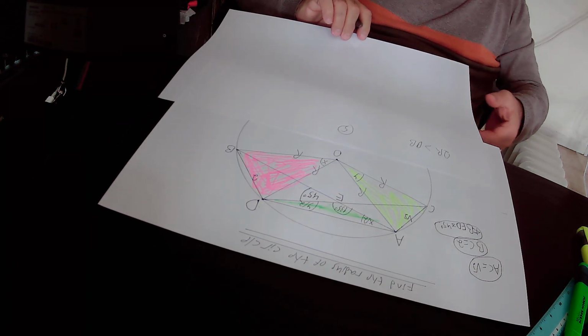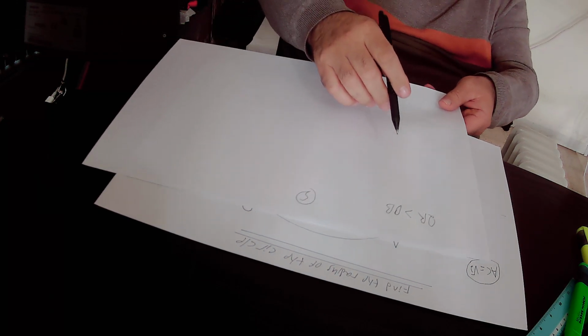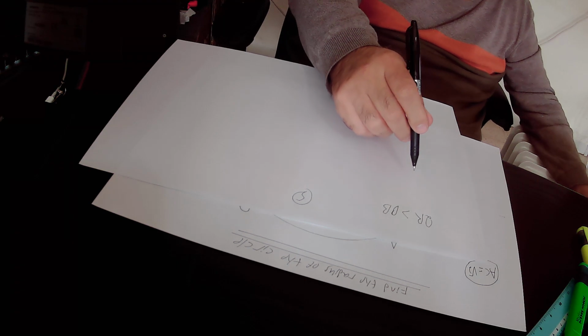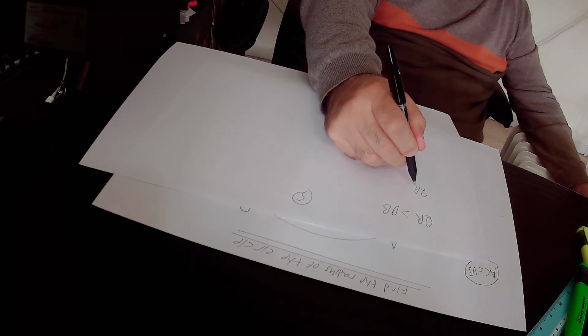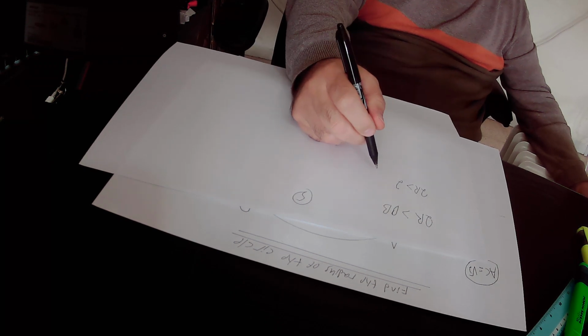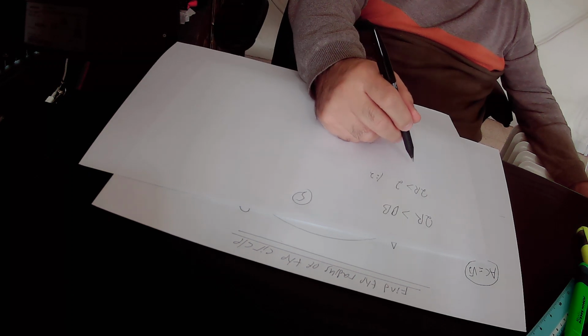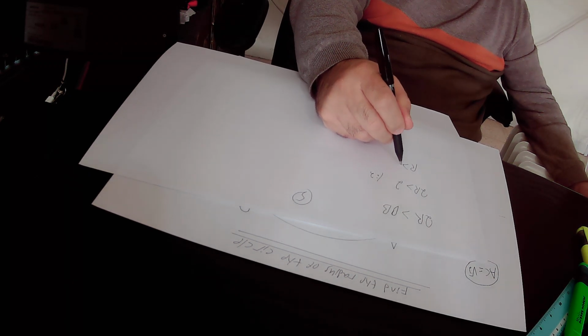According to what is given in the question, DB equals 2, so we substitute DB by 2 in this inequality, and we get that 2R is greater than 2. We divide this inequality by 2, and we get that R is greater than 1.